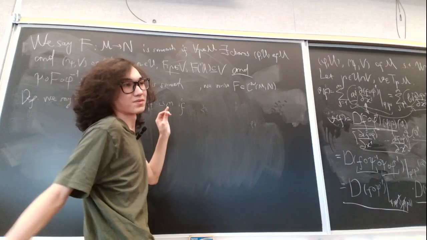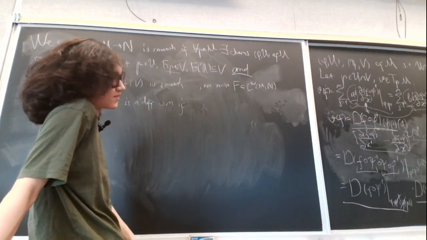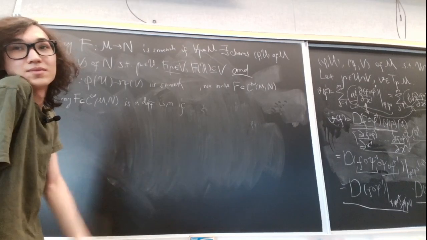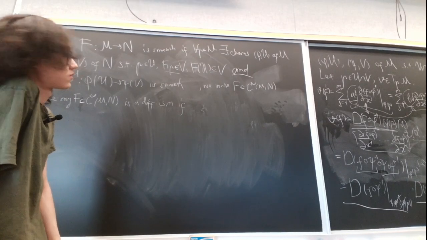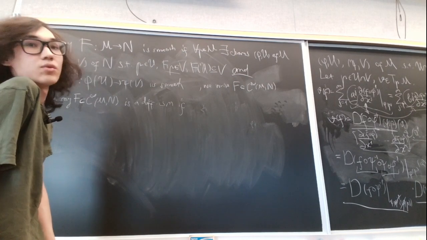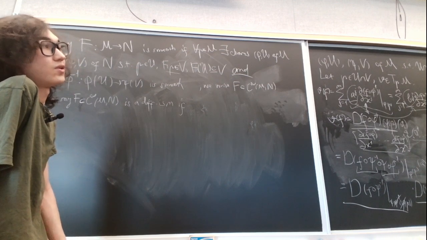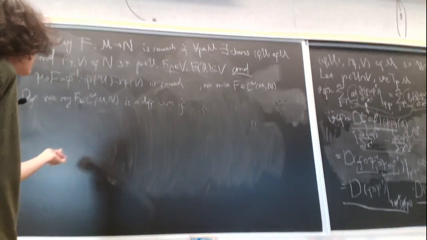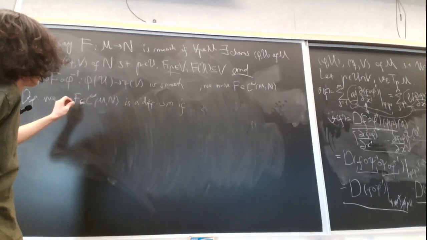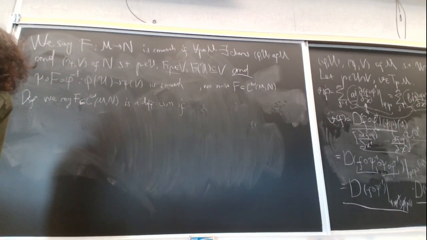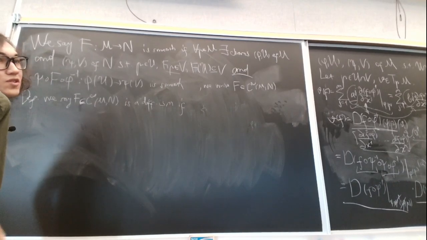What do I need to add to make it called a diffeomorphism? The inverse of f. It should be some function carrying you from psi of v to phi of u. You don't have to talk about the charts, there's a simpler way.